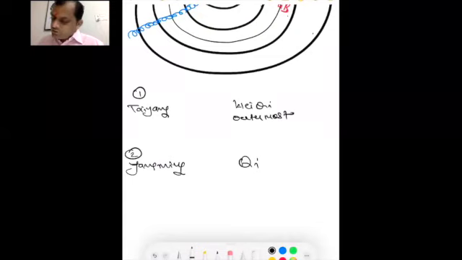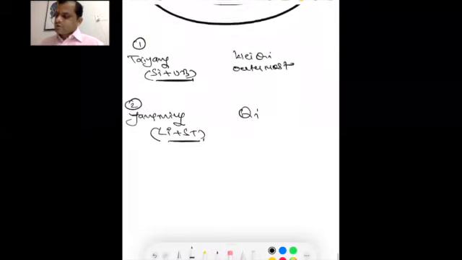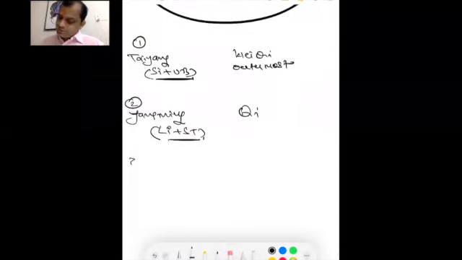The first is Tai Yang, means SI plus UB. The second is Yang Ming, means LI plus ST. Now, as soon as this reaches the third level, Shao Yang, means triple burner and gallbladder.